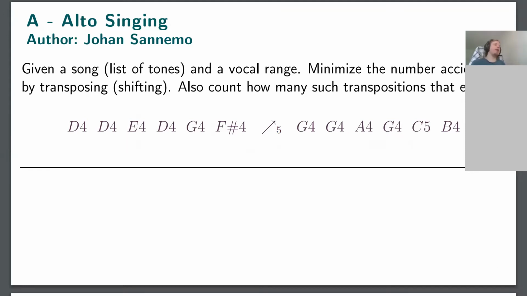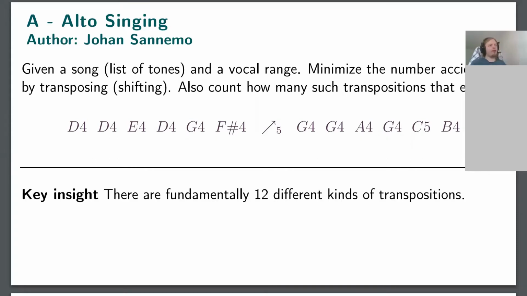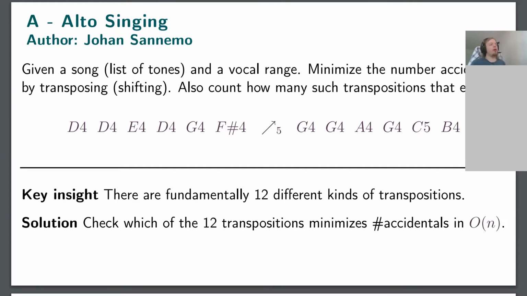Okay, so how do we do this? The first thing to realize is that there are really just 12 different tones, so there are really just 12 fundamentally different kinds of transpositions.